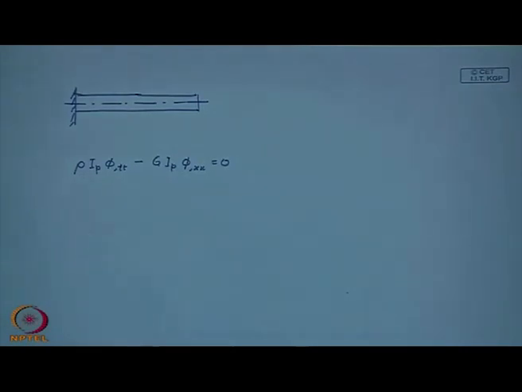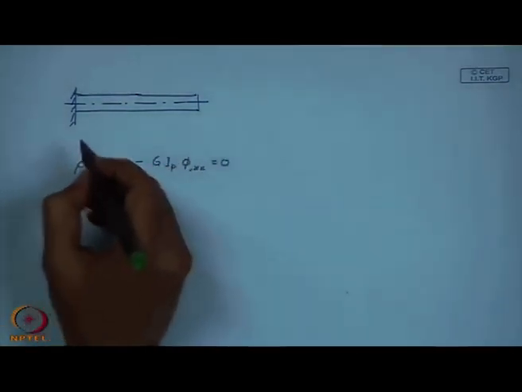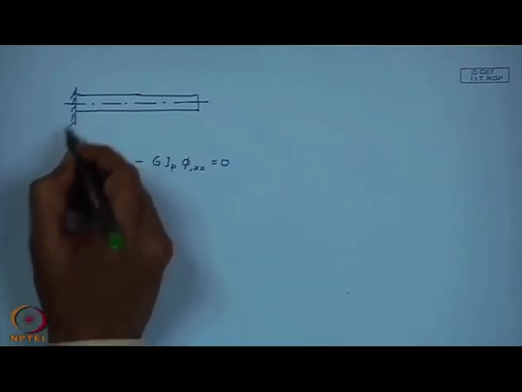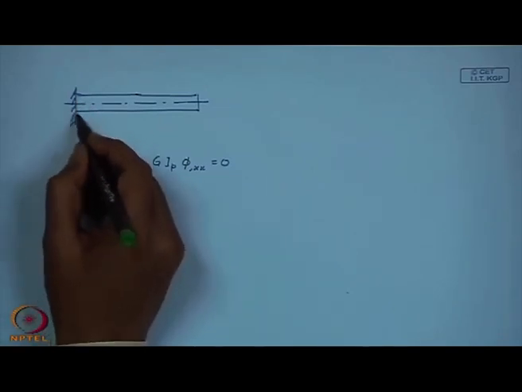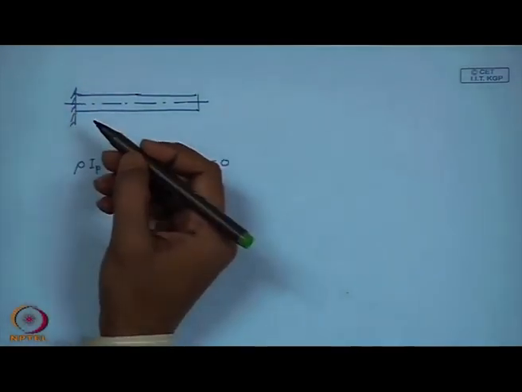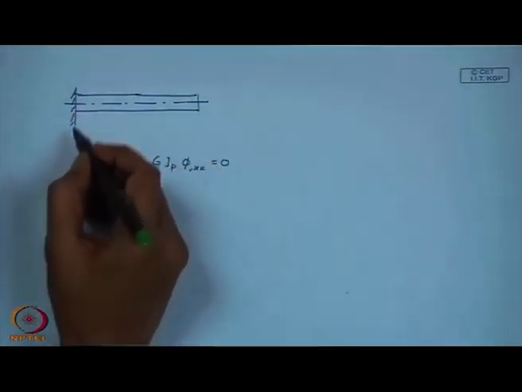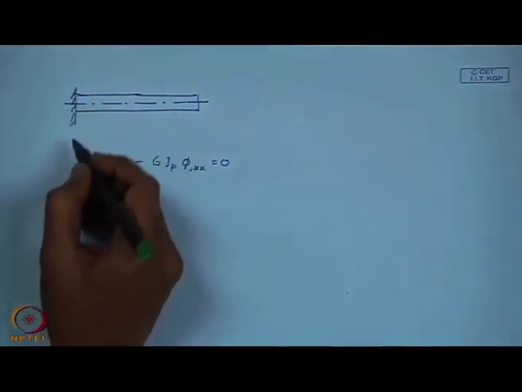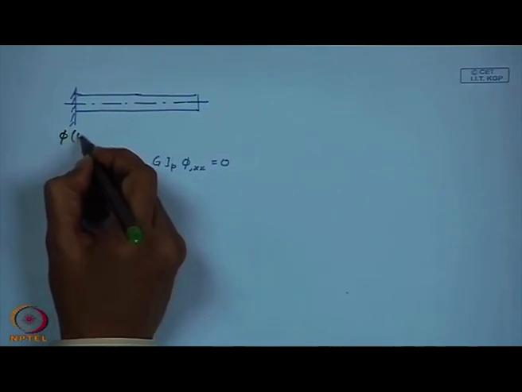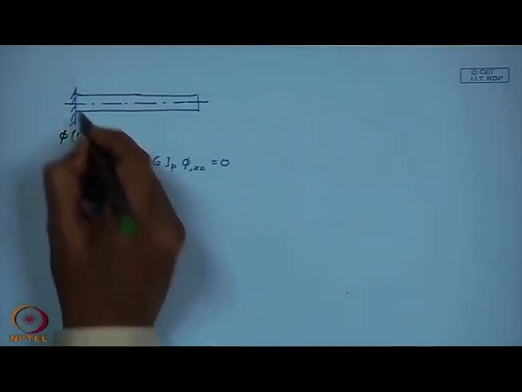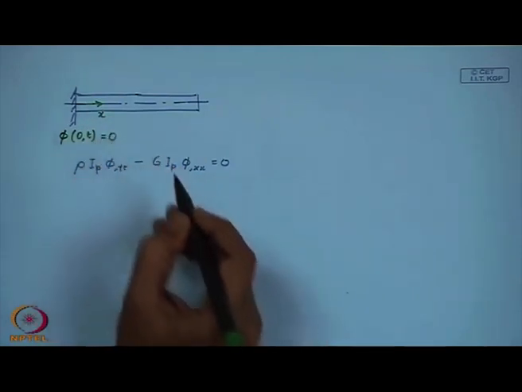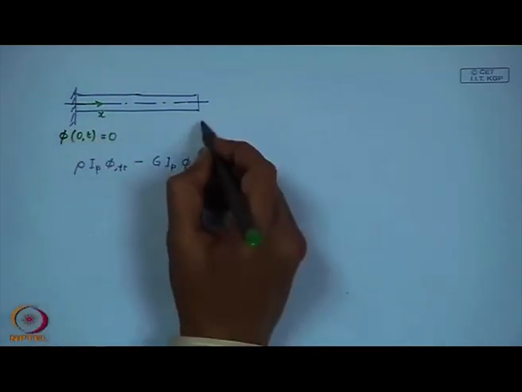Now, the boundary conditions for this problem will complete the description of the physical situation. Here this bar is connected to the wall, and therefore, this end of the bar cannot have any rotation. So, this again is a geometric boundary condition.